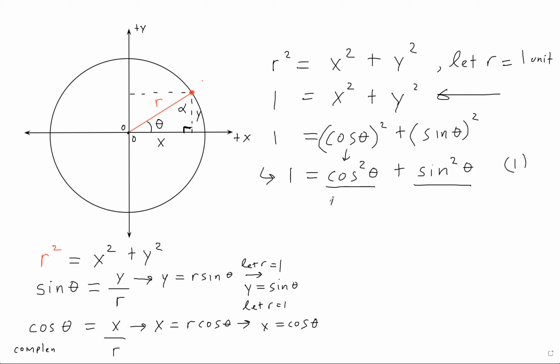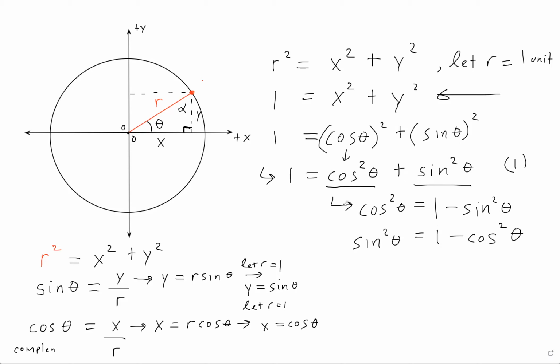When we solve for cosine squared theta, we get 1 minus sine squared theta, because we subtract sine squared theta from both sides, it cancels out on the right side, and we're left with 1 minus sine squared theta. The same deal, let's solve for sine squared theta. We're going to get sine squared theta equals 1 minus cosine squared theta.